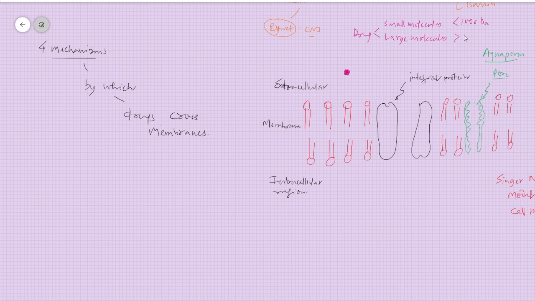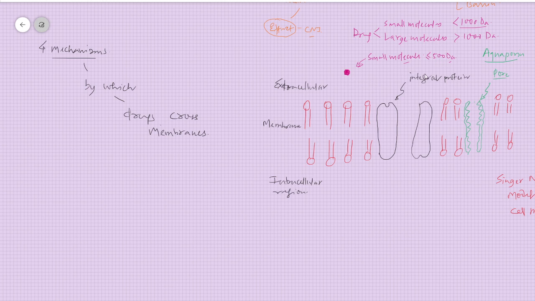Large molecules would be greater than 1,000 daltons. So here, when we say a drug, we mean a small molecule. Though it's less than 1,000 daltons, usually it's less than or equal to 500 daltons. Most of the small molecular drugs fall within this range.